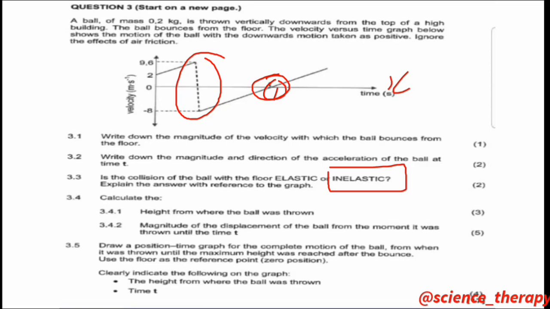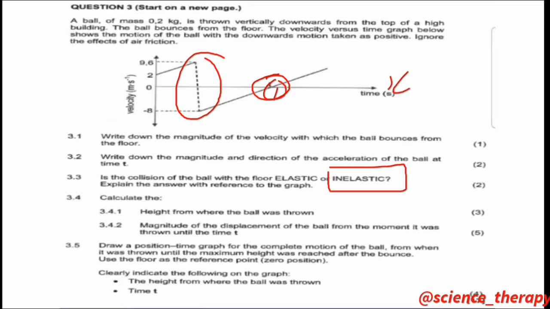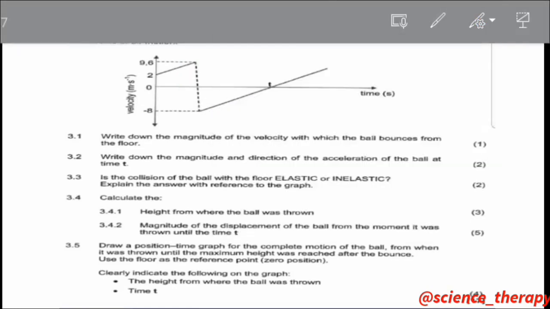Then 3.4 says calculate the height from where the ball was thrown. Having to calculate that, let's first have our data. So we are given the initial velocity is 2 meters per second. We want the height at which the ball was thrown.